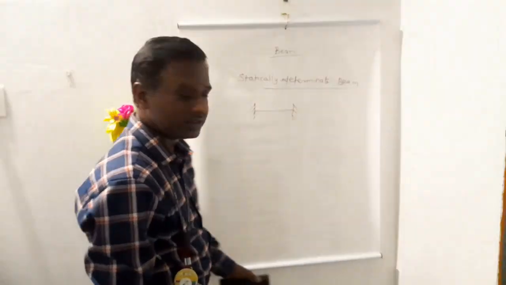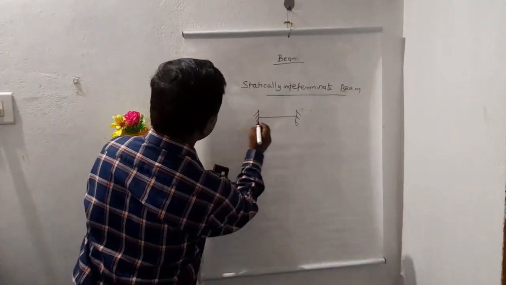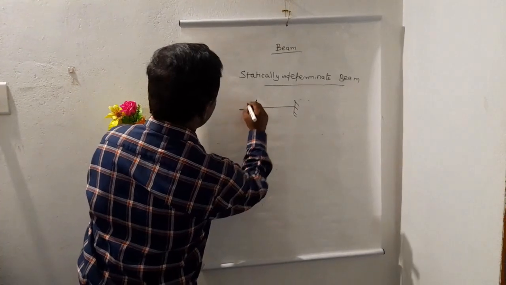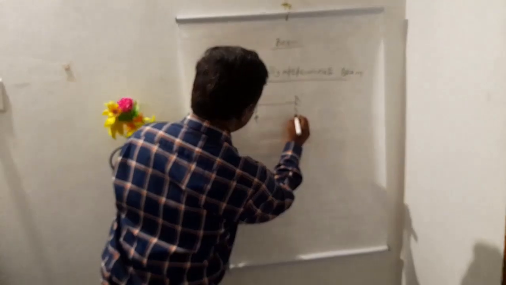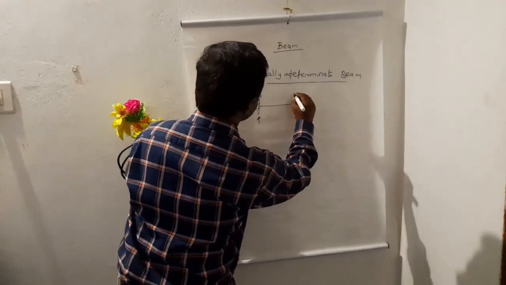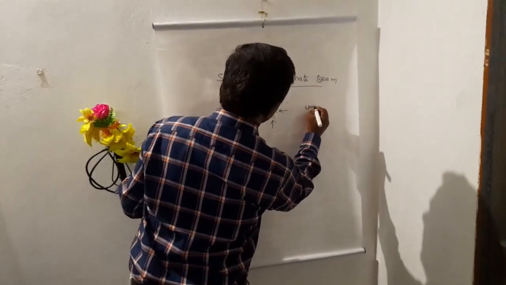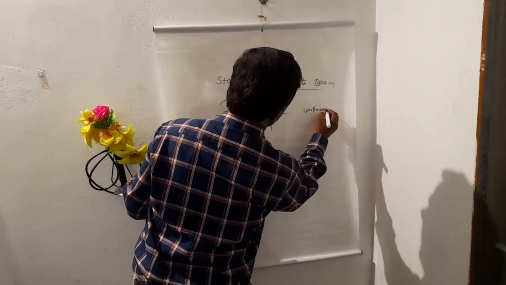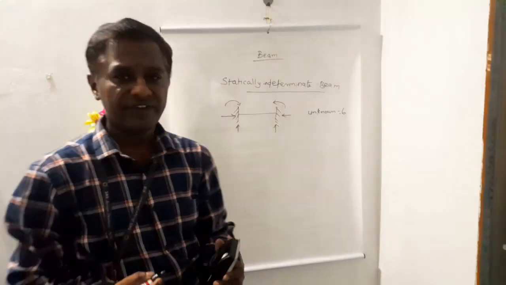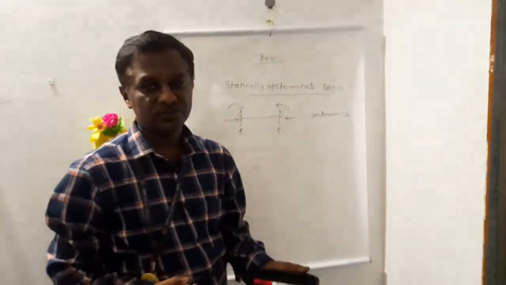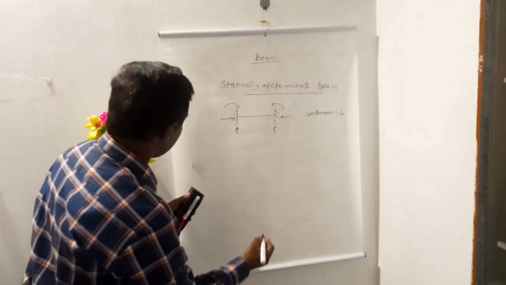Even though there are 2 supports, in the fixed beam we have 2 support reactions, and not only those, another bending moment. So 3 support reactions here, and here also 3 support reactions. So totally the unknowns are 6, but we have only 3 equations to find all the unknowns. So it comes under statically indeterminate beam.